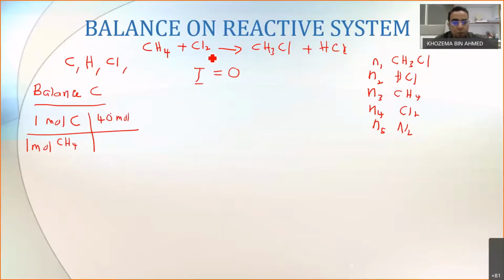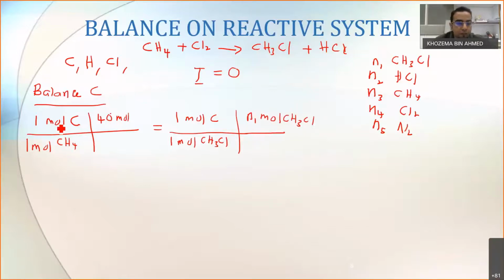Okay, and then we don't have any more carbon on our input side, so it is equal to, on the output side we have 1 mole of carbon in 1 mole of chloromethane, and the mole of chloromethane is N1, so we can say N1 mole of chloromethane. So based on here, do we have any more carbon?